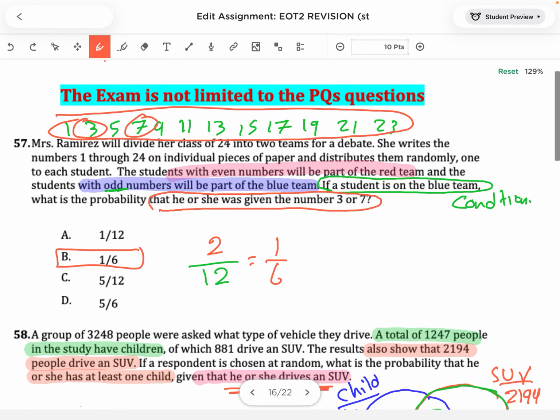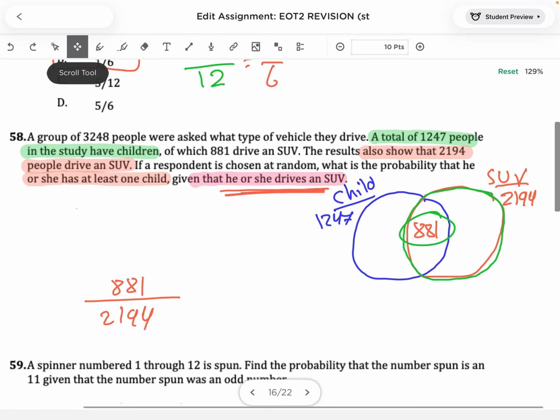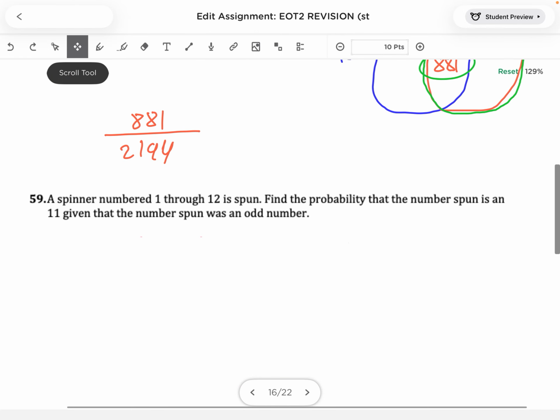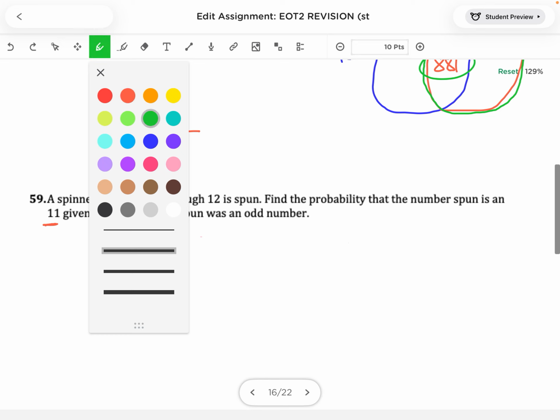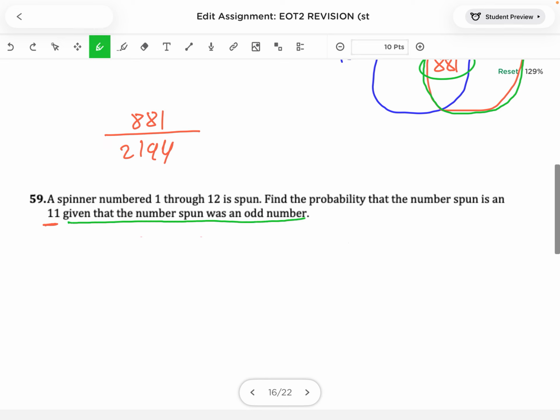Next. We have a question here, sorry. A spinner labeled from 1 to 12. Find the probability that a spin lands on 11, given that. This is my condition, which is the sample space.